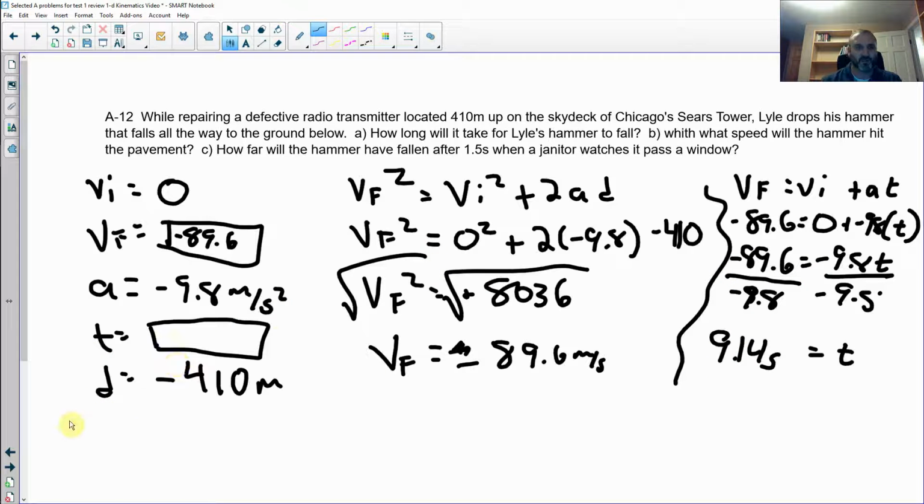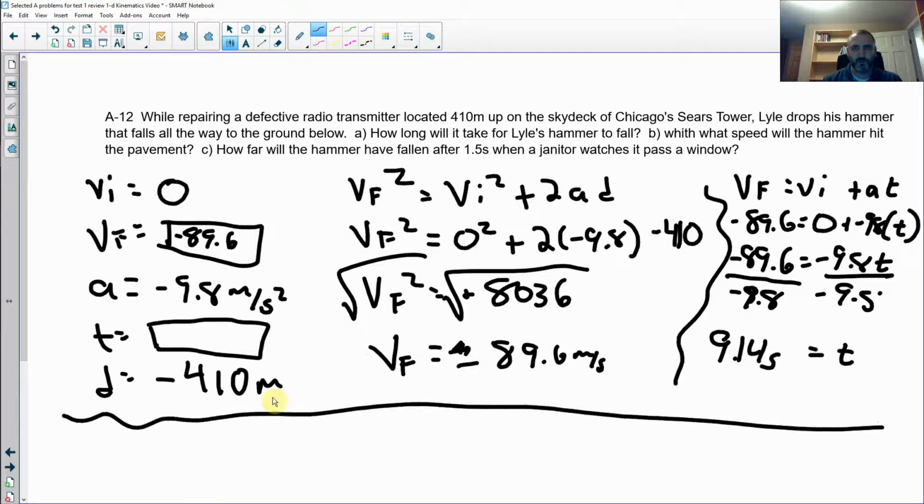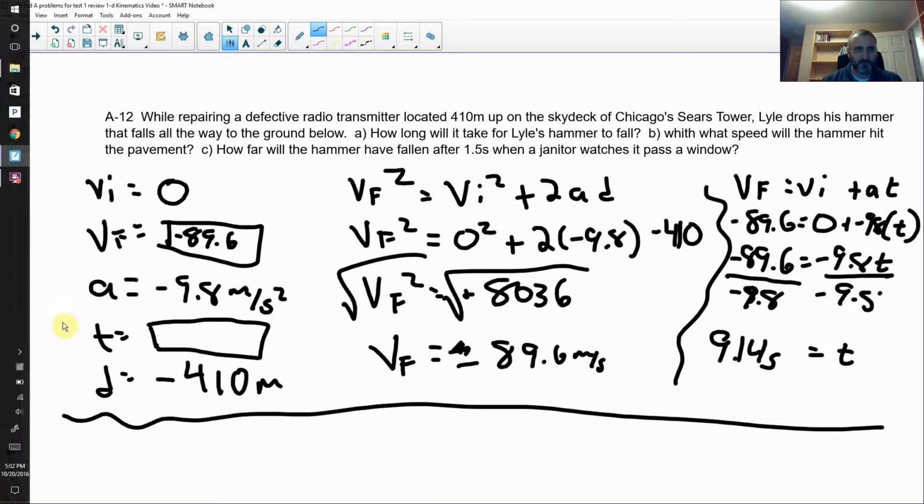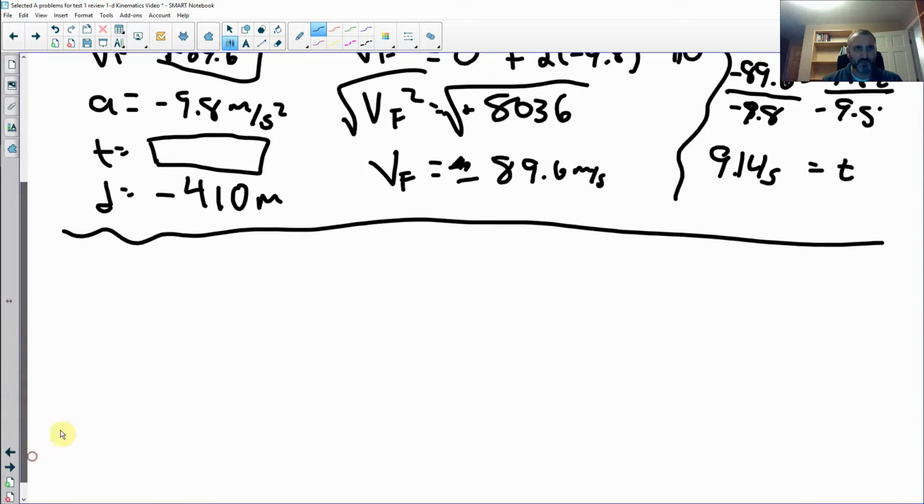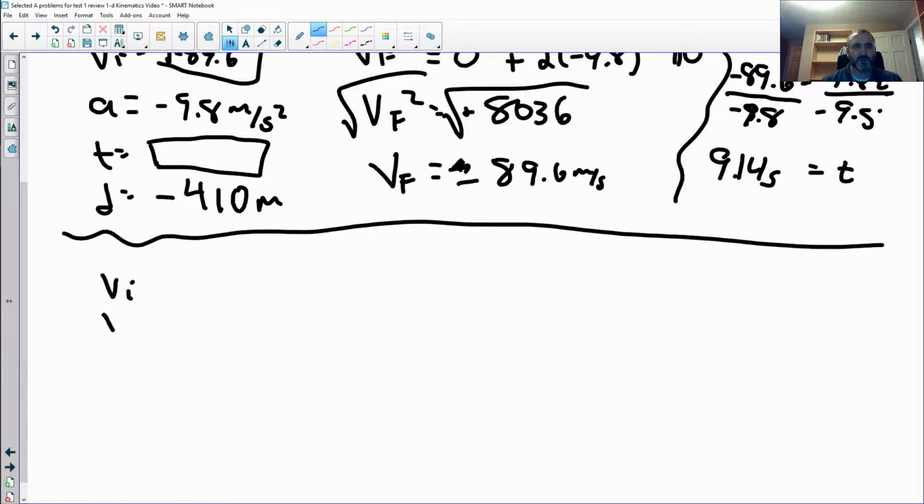So then the next question is, well, that's cool. What about this 1.5 second deal? Well, it's the same basic story of what's happening. VI, VF, A, T, D. The only thing we're changing is the time. So instead of allowing it to fall for all 9.14 seconds, we're only allowing it to fall for 1.5 seconds.